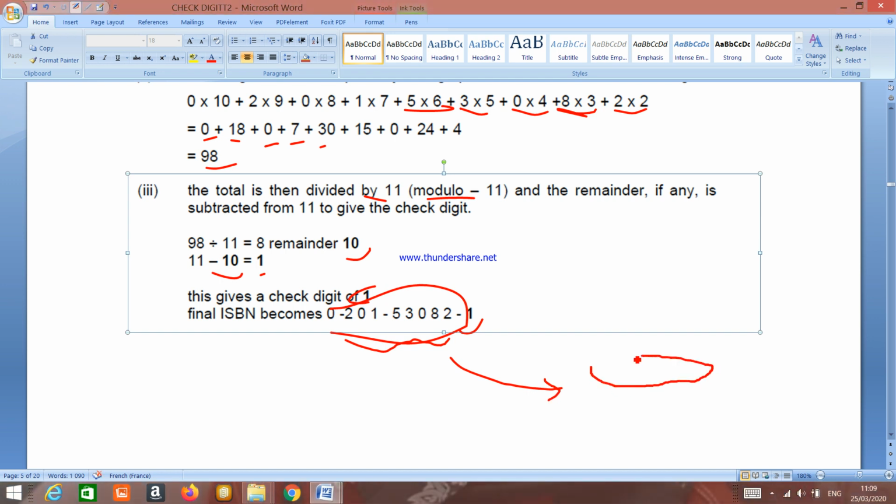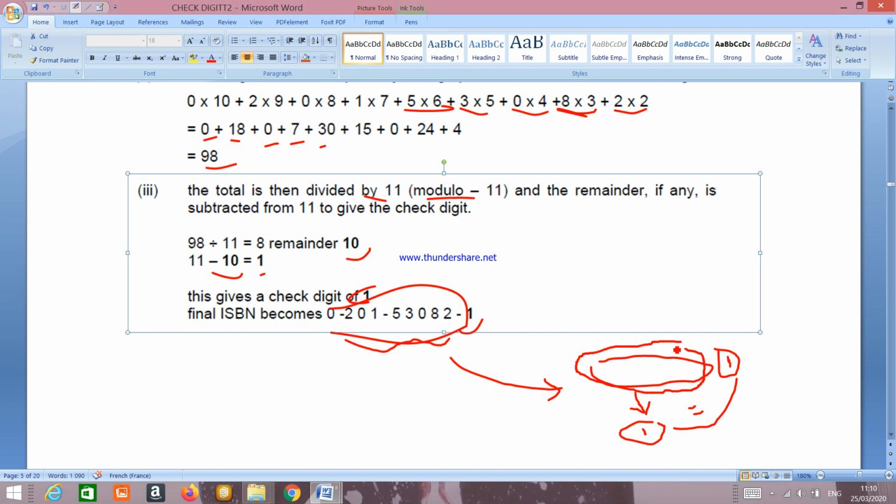They will take the original number, recalculate the check digit, and these two check digits will be compared. If the check digit which is already here and the calculated check digit are the same, it means the ISBN number is correct. But if these two check digits are not the same, then there must be an error.